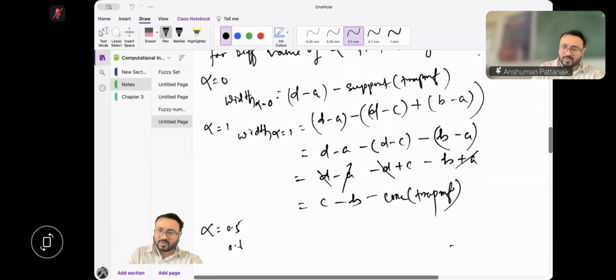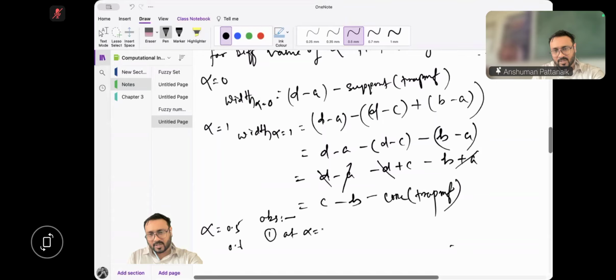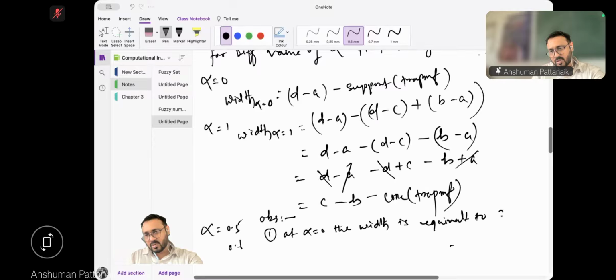At alpha equal to 0, it is the support. You can write the observations. At alpha 0, the width is equivalent to the support of the trapezoidal MF.